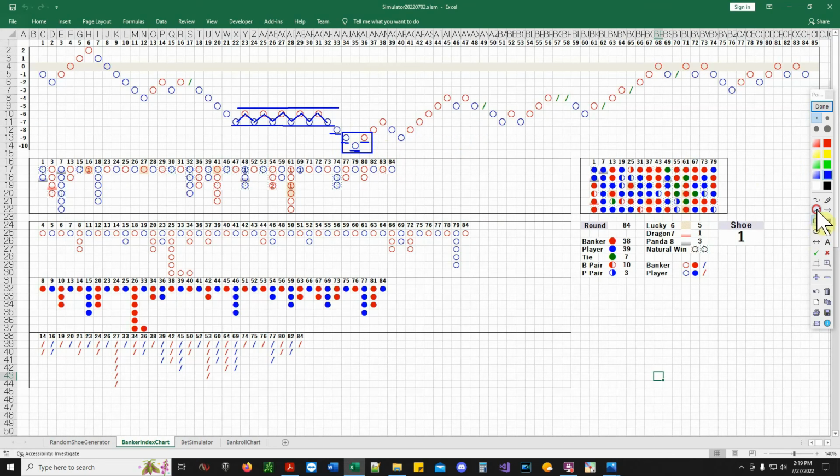Notice right here, it goes up to support. All of a sudden, support became resistance. I'm not going to get into that right now. It sounds confusing, but support became resistance. The banker went up there, turned right around, got a confirmation on the player right here. Boom, that's your play right there.